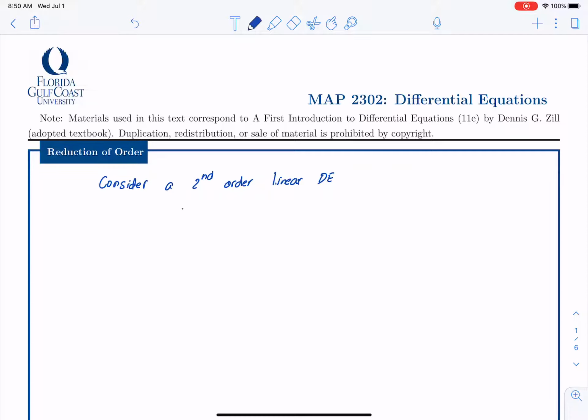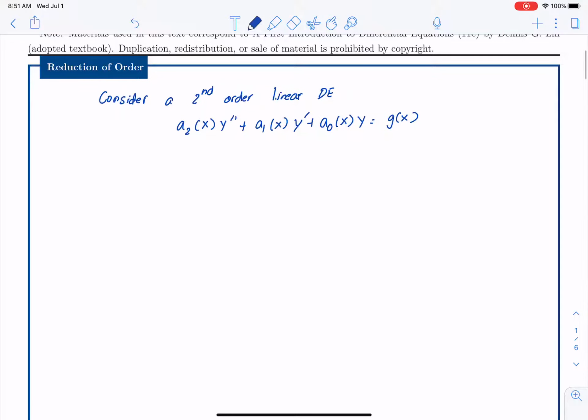And we know that it can be defined as a2(x) y double prime plus a1(x) y prime plus a0(x) y equals some function g of x. And we have this second order linear DE, and we can reduce it to a first order DE provided we know a solution.